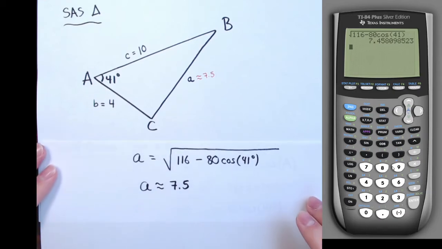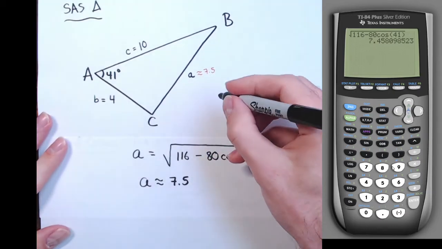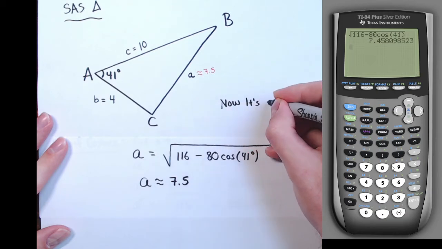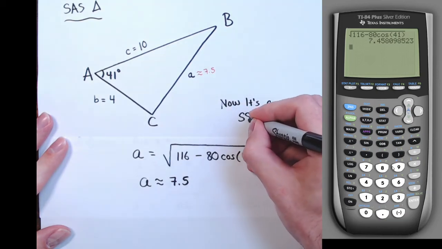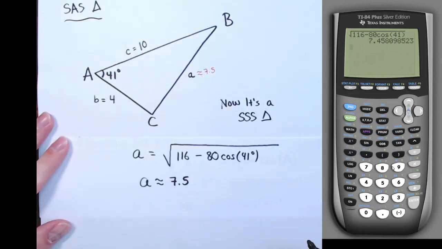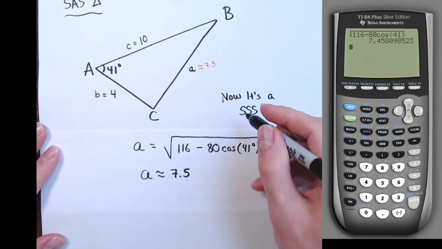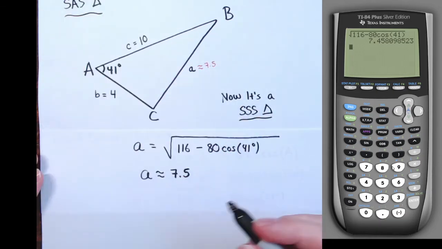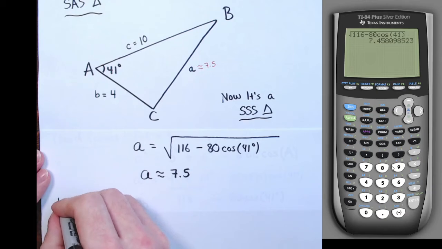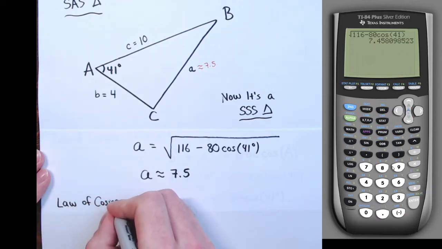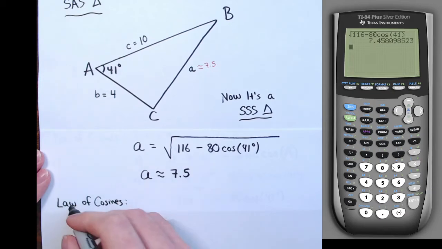So now that I have a, now it's a side-side-side triangle, if you want to think of it that way. An SSS triangle. I know all three side lengths now. So again, a side-side-side triangle, I can use the law of cosines again, this time to find an angle.